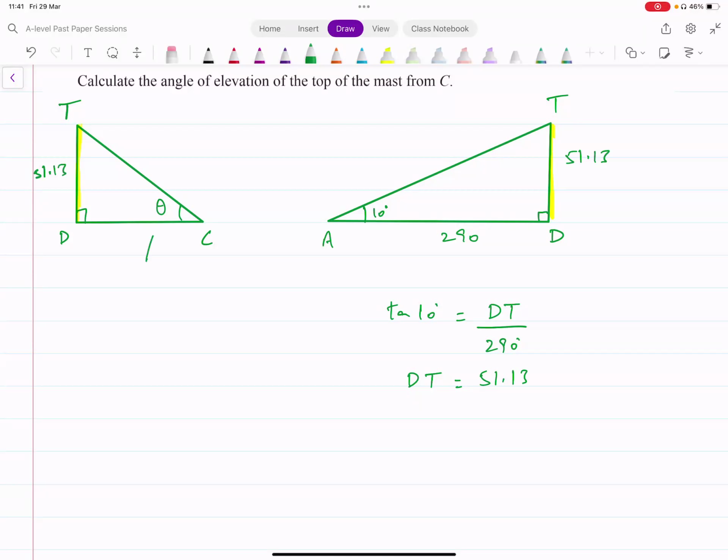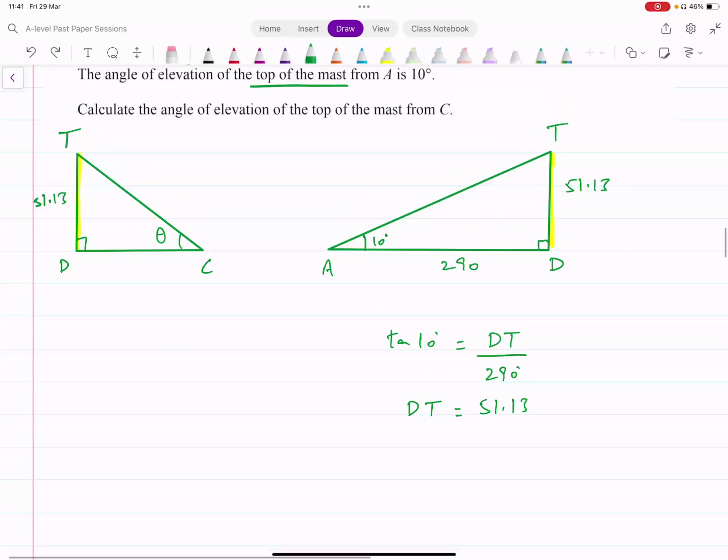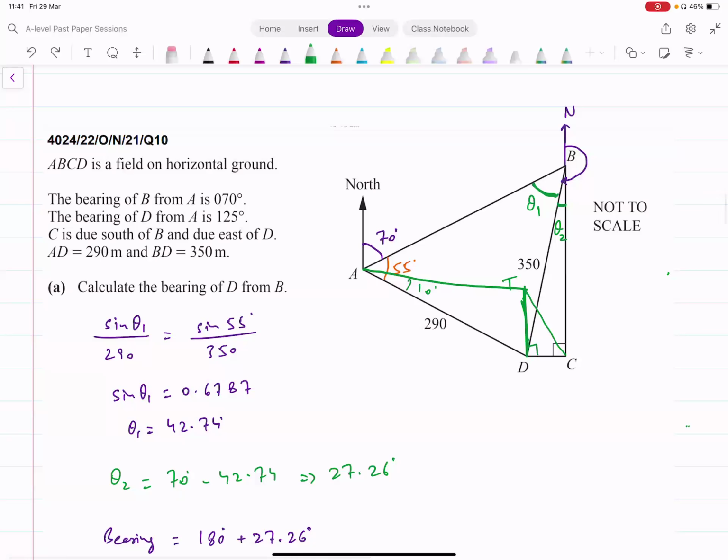Now, can we find the angle theta yet? Well, we can't yet. We need some other information as well. We need the length CD somehow, right? Because that was the length that was already given on that diagram, as in it was part of that diagram already. Can we find the length CD on this diagram somehow?